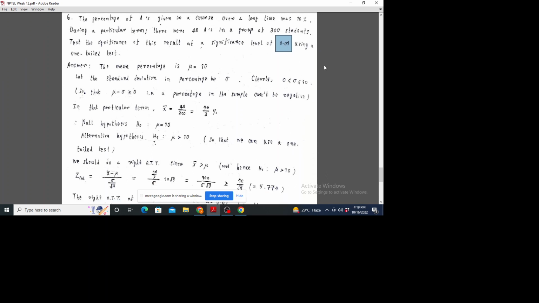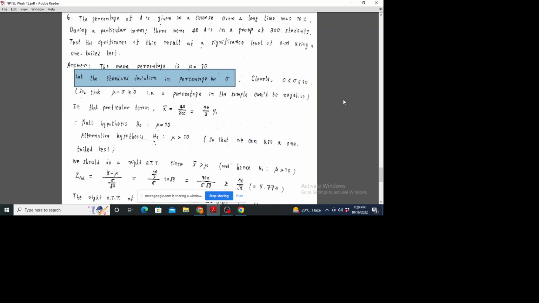So the thing to do is this calculation. The mean percentage is mu equal to 10, the mean of the population. And standard deviation was not given. There is one option in the assignment that data is insufficient.